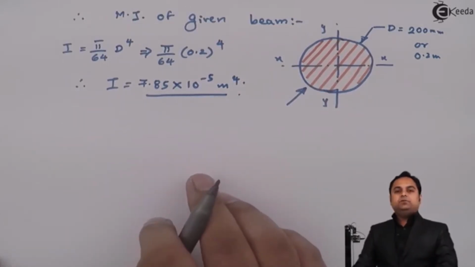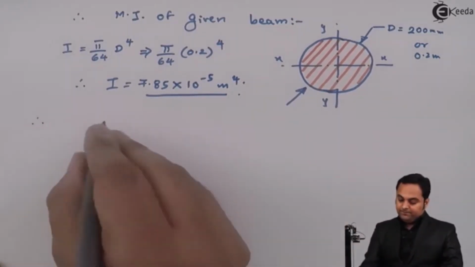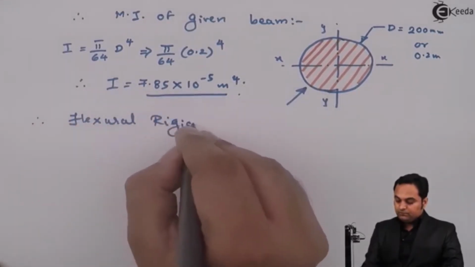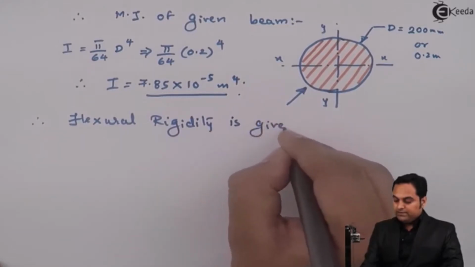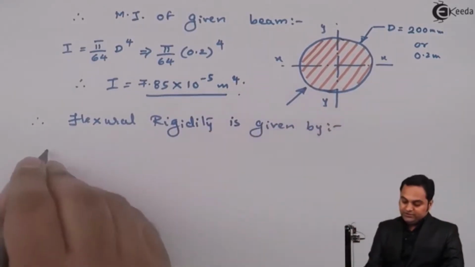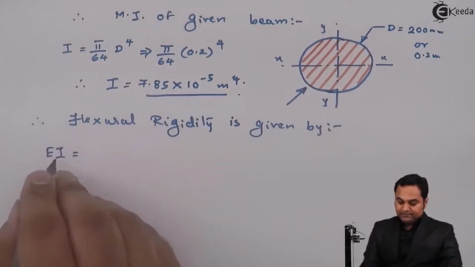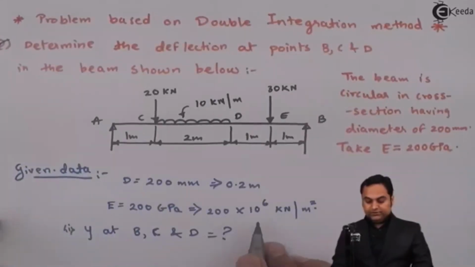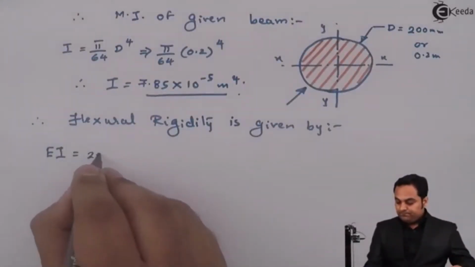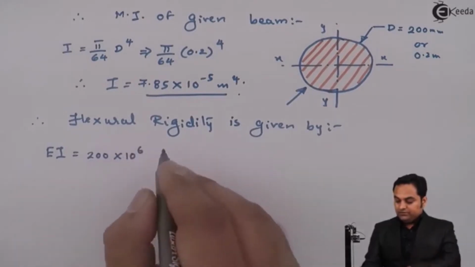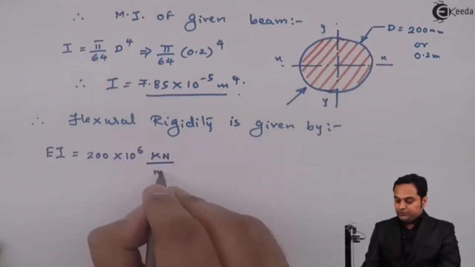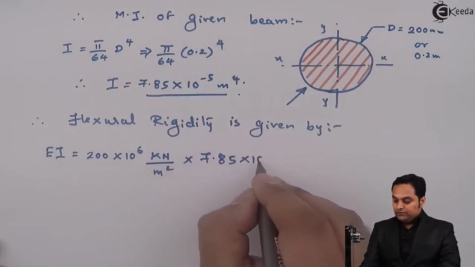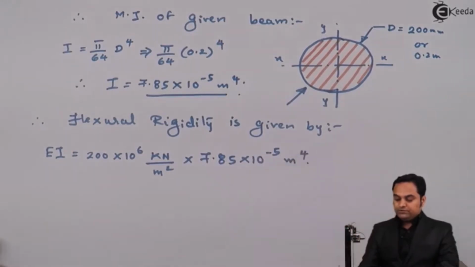So here I have the value of I. Next, E is given in the problem and therefore I'll find what is called flexural rigidity, which is given by the term E into I. The E value is given, 200 into 10 raised to 6, in terms of kilonewton per meter square, into I, 7.85 into 10 raised to minus 5 meter raised to 4.